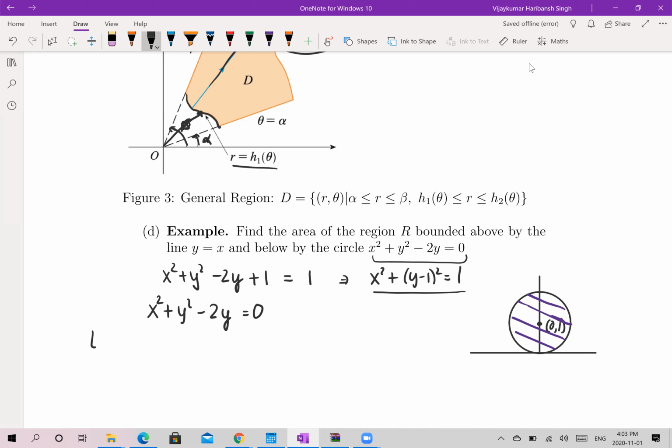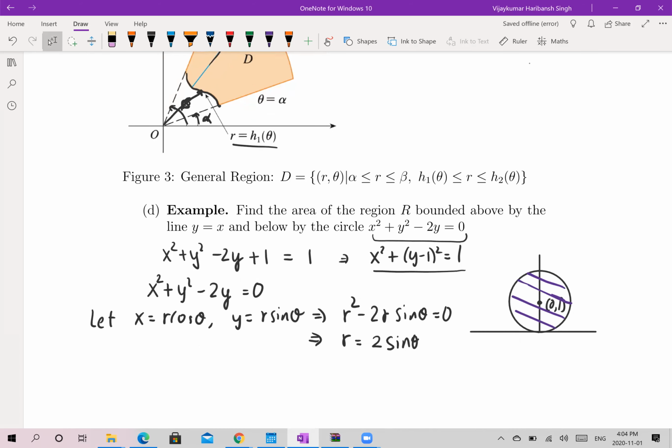If you let x equals r cos theta, y equals r sin theta, this will transform into r squared minus 2r sin theta equals 0. So here we get r equals 0 or r equals 2 sin theta. And this is the equation of this circle.